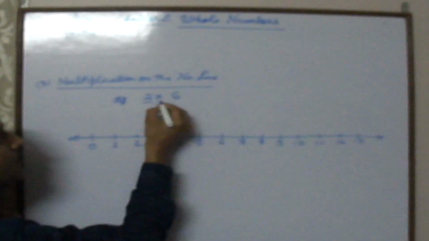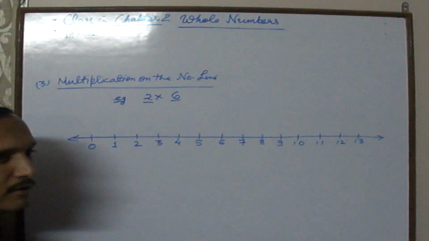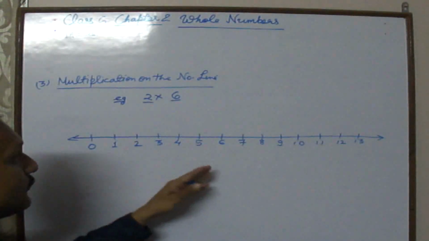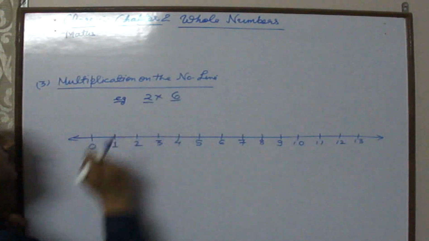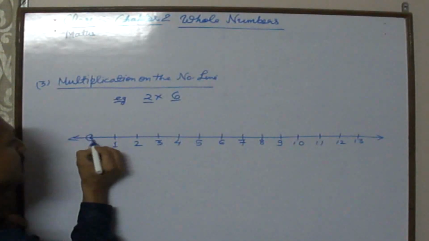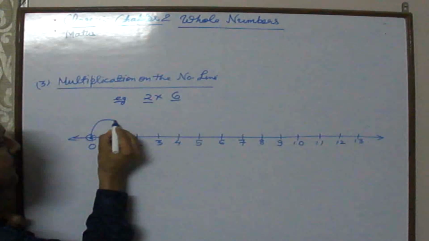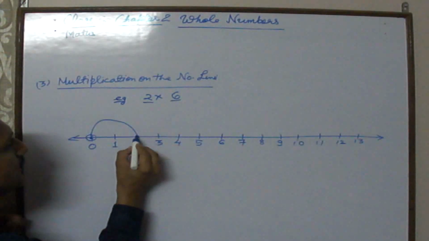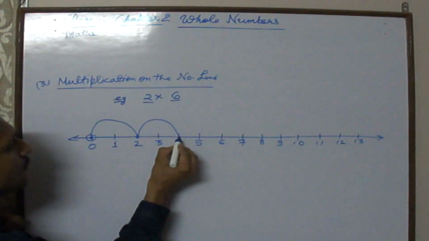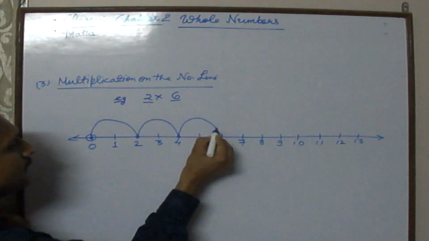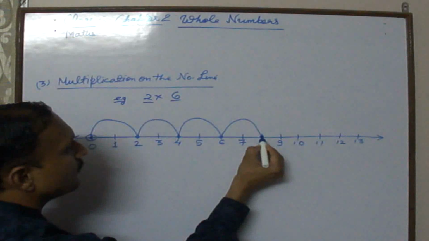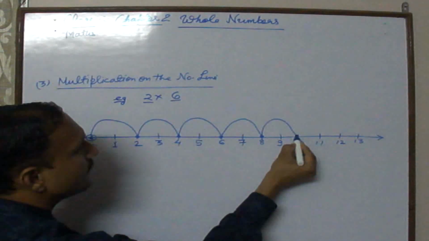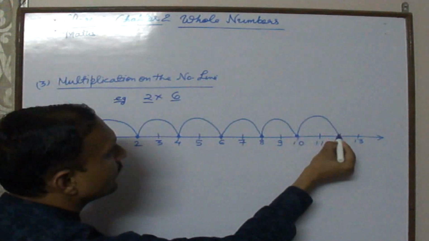Now 2 sixes are, and we know very well 2 sixes are 12, but we have to show it on the number line. How to show? 2, how many times do you have to take? 6 times. So let's start from 0 only. 2 ones are 2, then 2 twos are 4, 2 threes are 6, 2 fours are 8, 2 fives are 10 and lastly 2 sixes are 12.